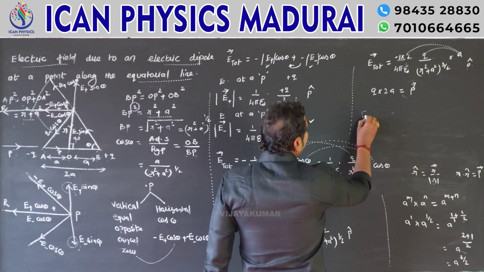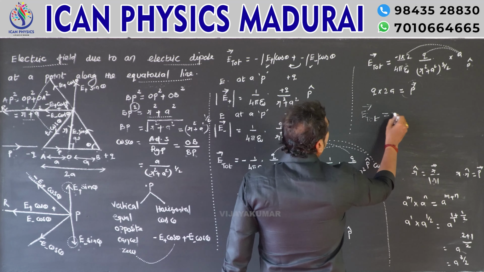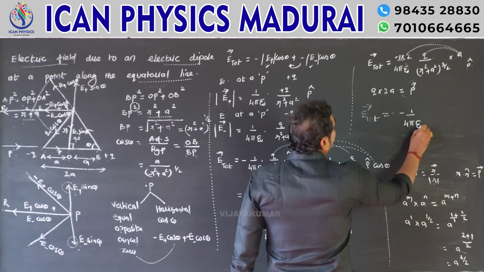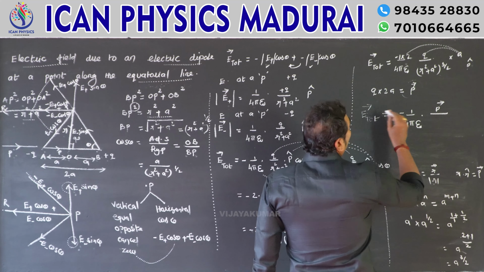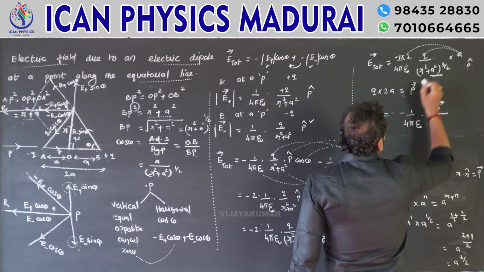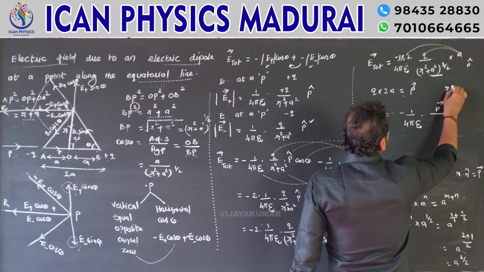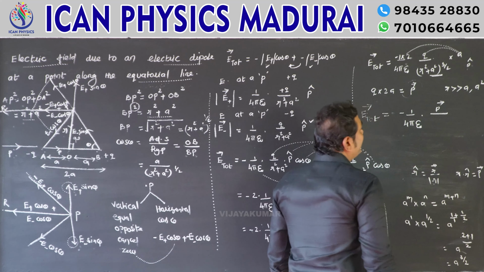So E total equals minus 1 by 4 pi epsilon 0 P vector by. Now we are going to apply the condition: r is much greater than a, so a squared can be neglected.